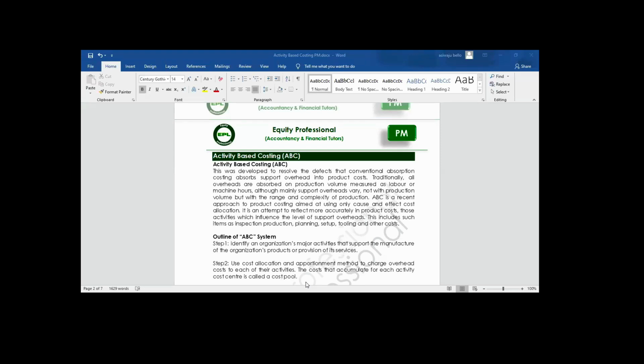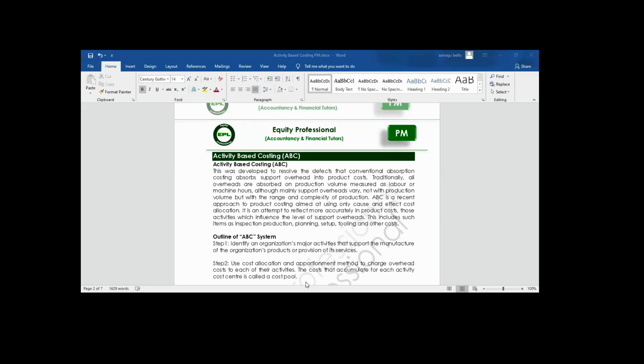When we say absorbed, it is shared into different products. The word absorbed means it is shared and included into product cost, that is, we are allocating overhead to the different products.